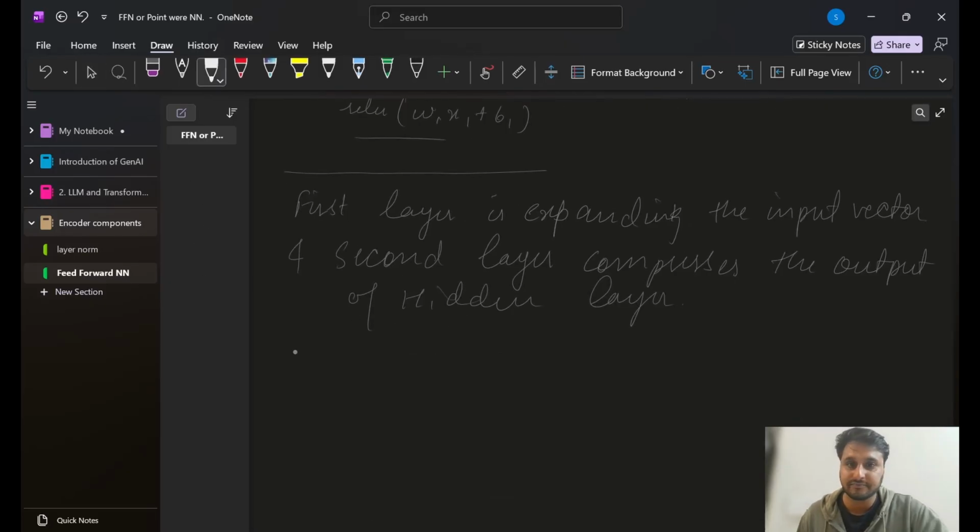Now we are using two layers. The first layer expands the input vector and the second layer compresses the output vector of the hidden layer.